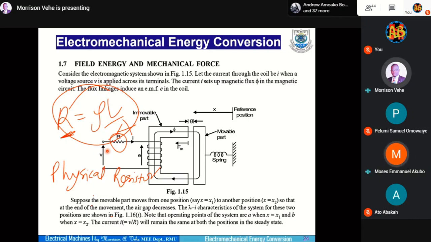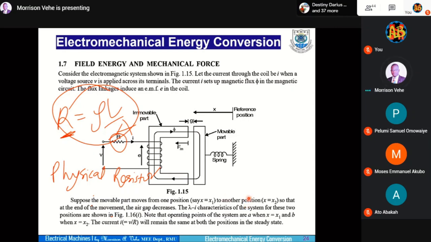Now, suppose the movable part moves from one position, say X, to X1. So let's say our reference position was X, and we move from X to X1.